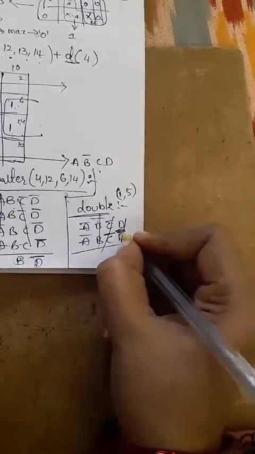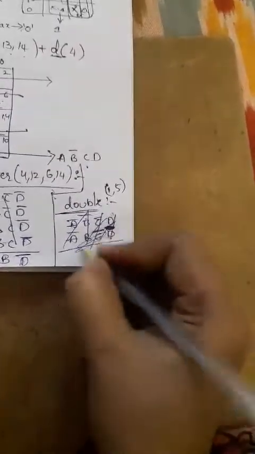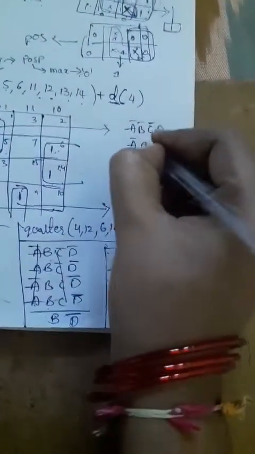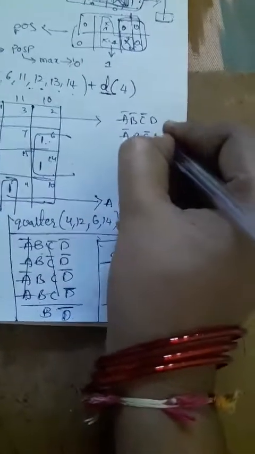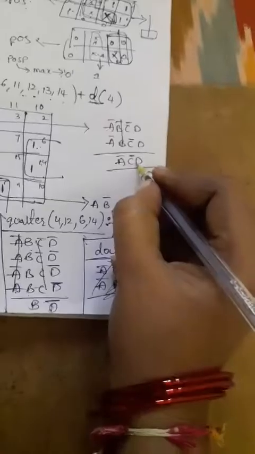Sorry, I made a mistake here. So C complement D, here D is not cancelled, I can rewrite here. So for double I can write 1 and 5: A complement B complement C complement D, and for 5, A complement B C complement D. So here only B complement cancels, the remaining terms will be the same. So A complement C complement D.